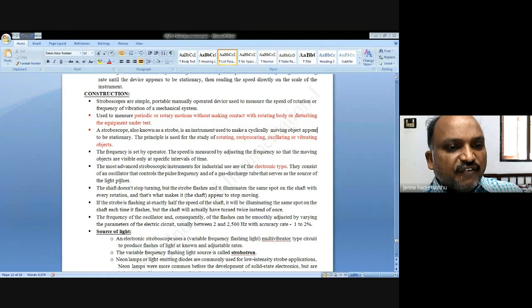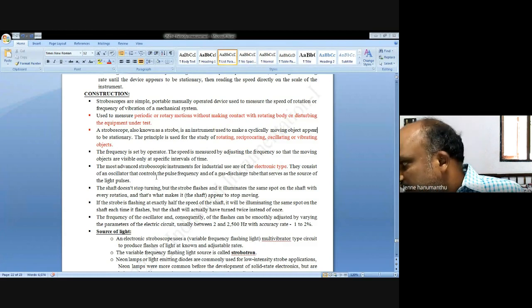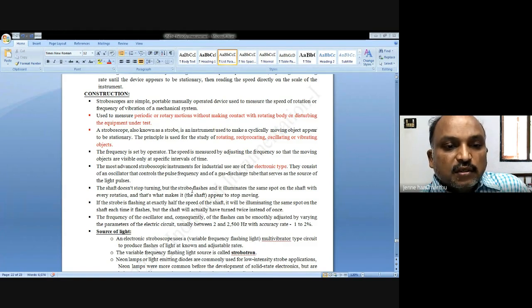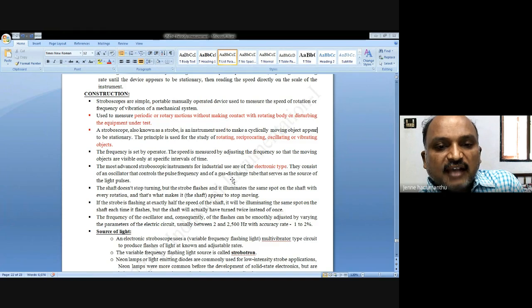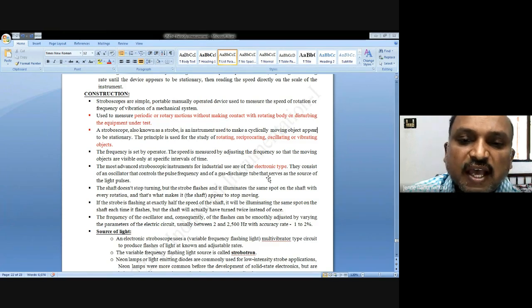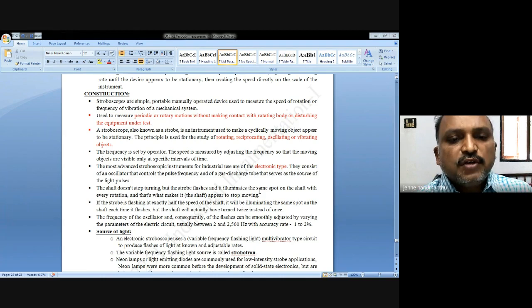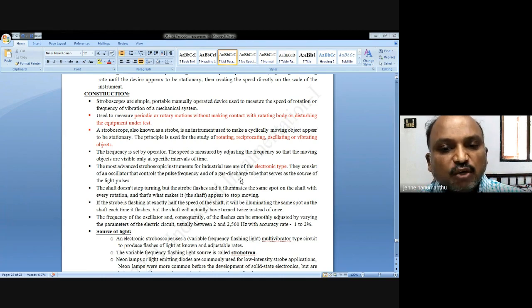They consist of an oscillator that controls the pulse frequency and a gas discharge tube that serves as the source of light. The shaft does not stop running, but the strobe flashes and illuminates the same spot on the shaft with every rotation, and that's what makes it appear to stop moving.